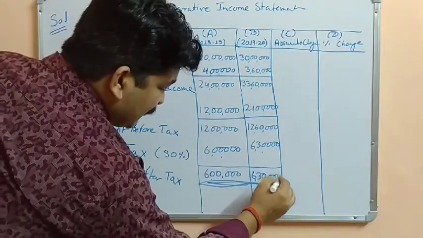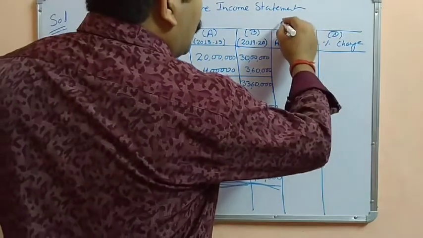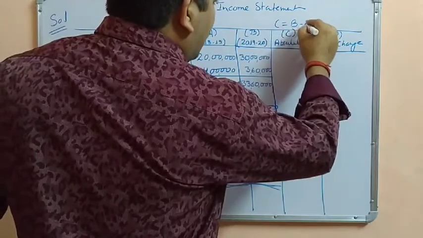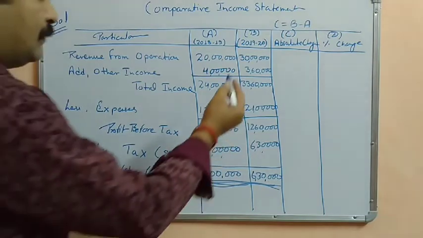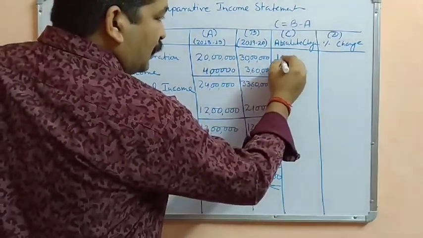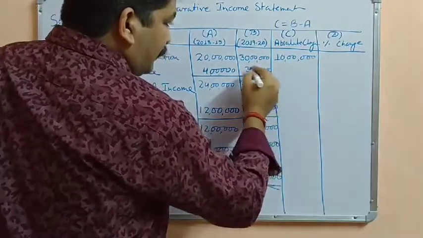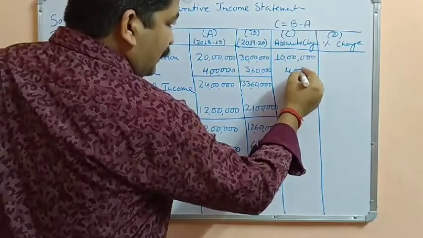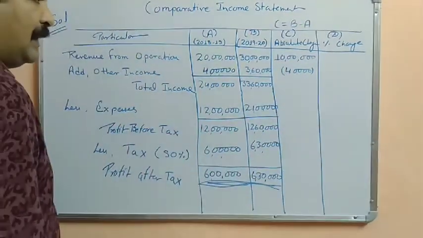Now we will count the absolute change. What is the formula I told you? Formula I told you, C is equal to B minus A. This is the formula. So let us subtract. From 30 we will subtract 20, we will get what? 10 lakh. Here we will get 40,000 but in minus. Minus items are always shown in bracket.